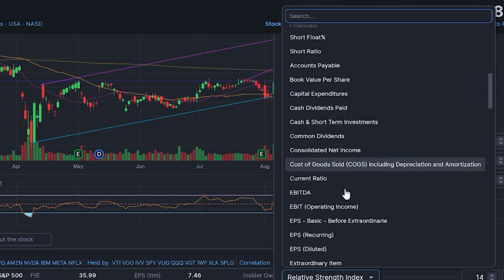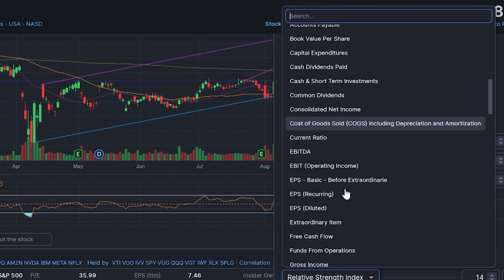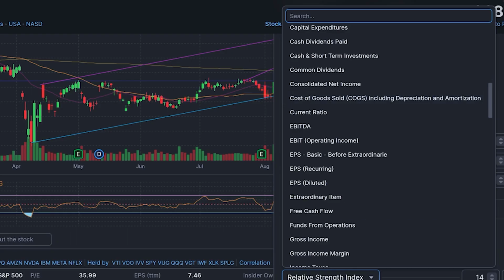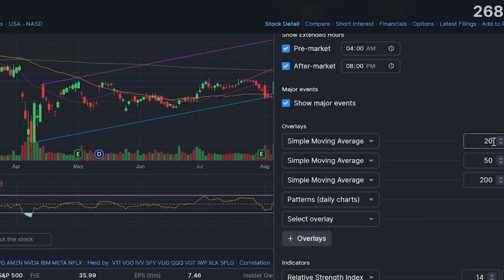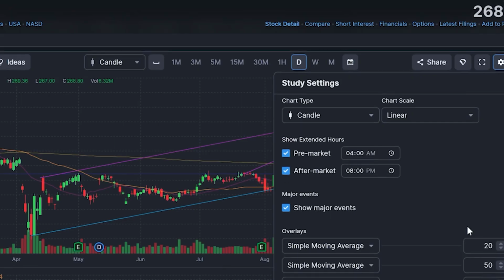So it's a really good platform if you're interested in charting specific financial or valuation metrics alongside price changes. You can see here, you can customize the timeframes for these various indicators, but there's not a lot of options. So again, this is maybe not the most advanced charting platform out there, but it is a decent charting platform if you're mostly focused on major and common indicators.